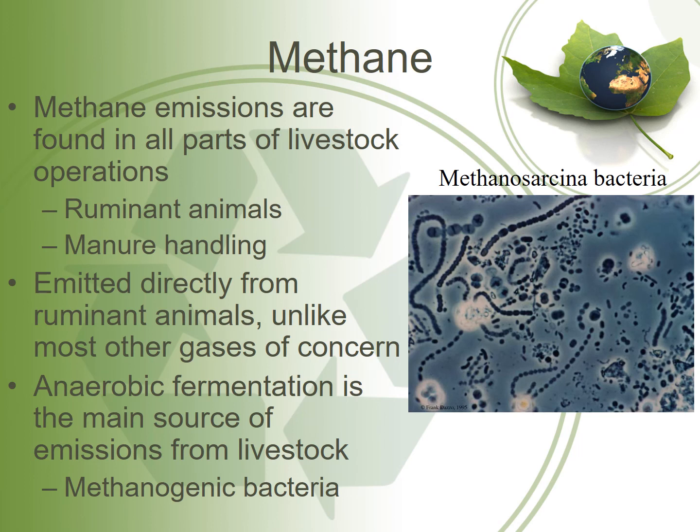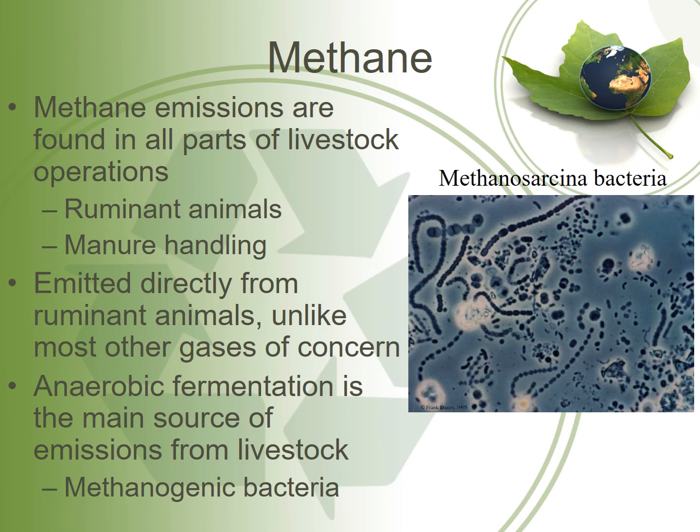And so we're going to look at a graph in just a moment that shows you the emission levels. Methane is an emission that occurs from all parts of livestock operations, so ruminant animals and manure handling. It's emitted directly from ruminant animals.